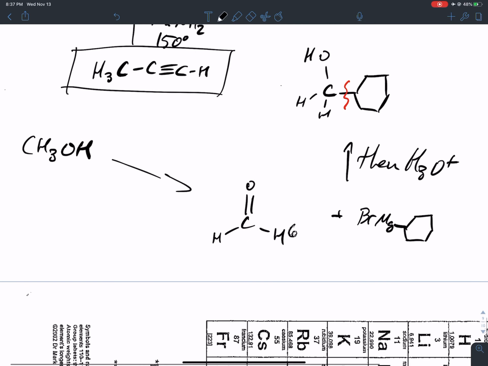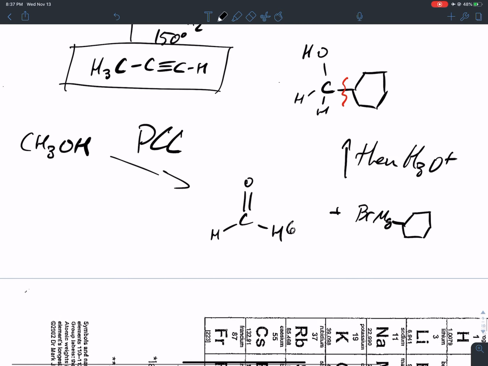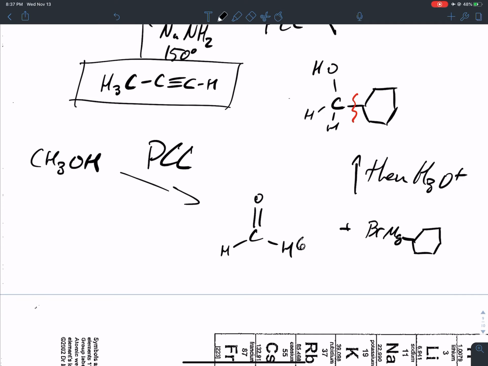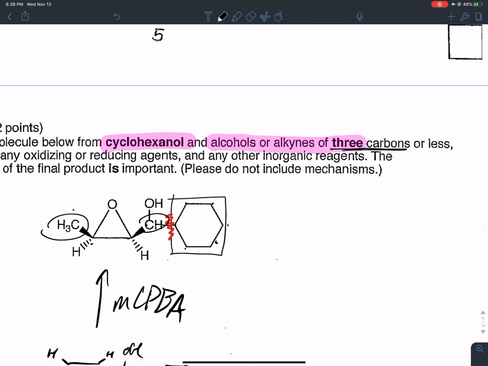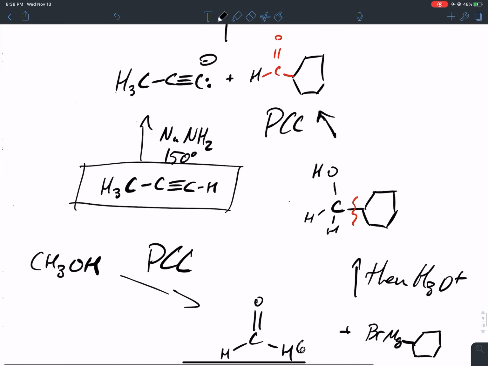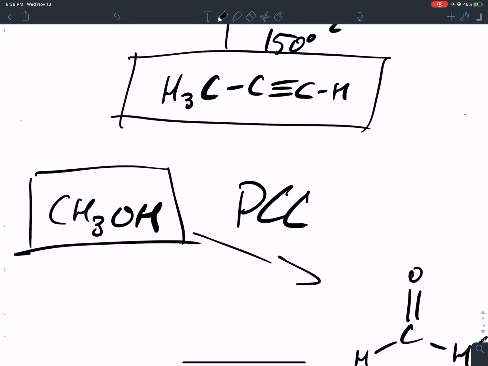So we have to use PCC in this case to stop at that aldehyde, to keep it from oxidizing further to CO2. Awesome. Are we done there? Let's double check. Alcohols or alkynes of 3 carbons or less. That is an alcohol, 1 carbon or less. So we're good. Can't be less than 1, but yeah, you get the idea.